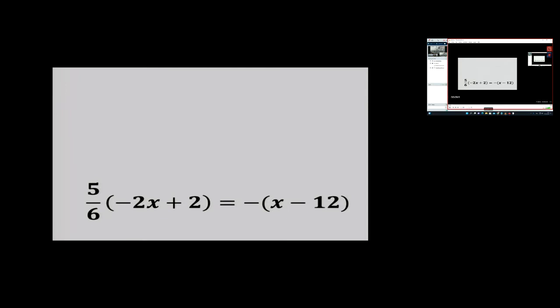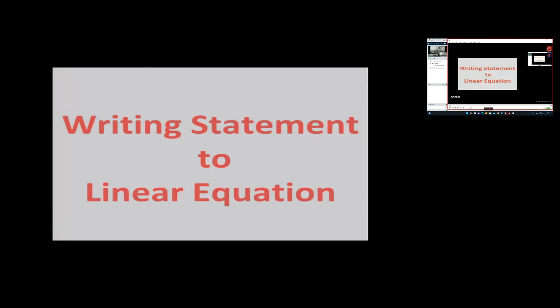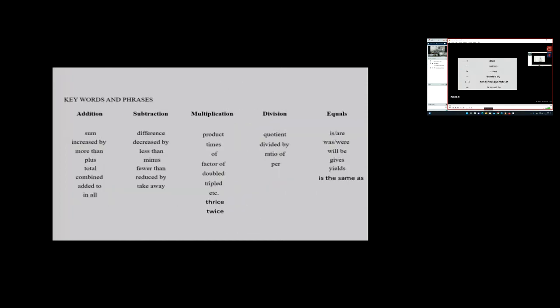But actually, the topic that we are going to study today is translating statements to linear equations. Before we write these statements, I want you to take a photo. You can use your phone to take a photo only.